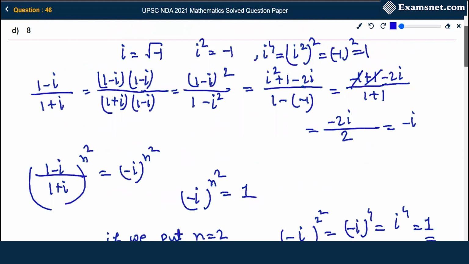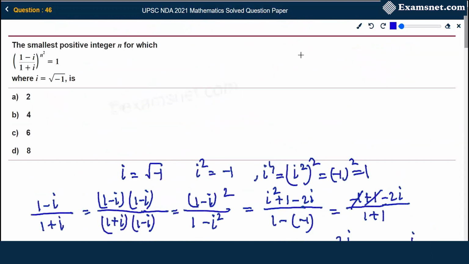So for n equals 2, this statement holds true. So the smallest positive integer n for which the statement holds true will be 2. Option B is the correct answer. No, not B. Option A, sorry. Option A is the correct answer.